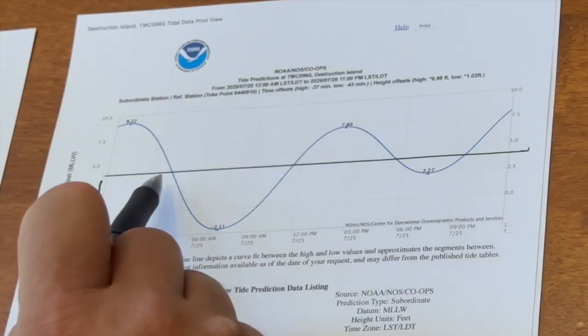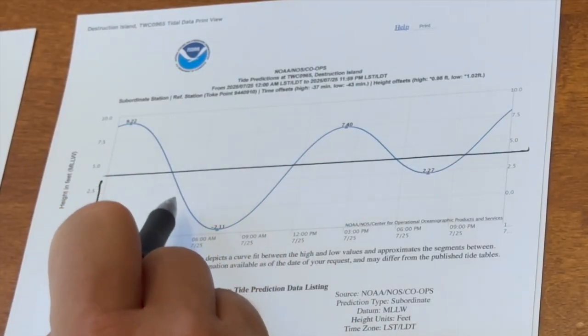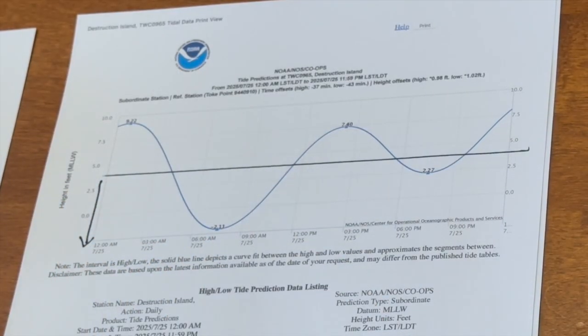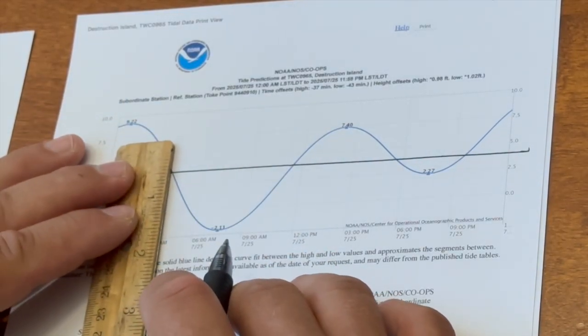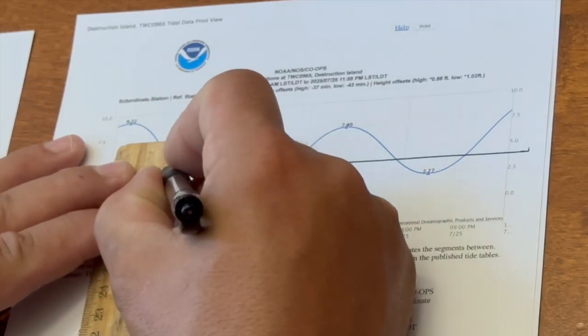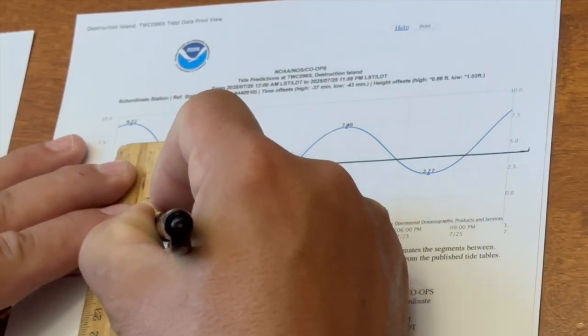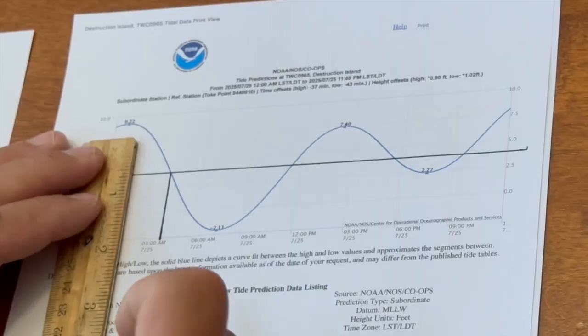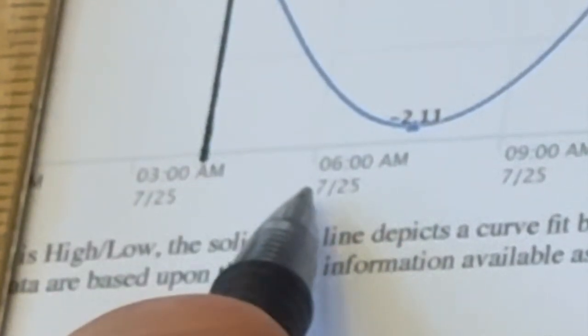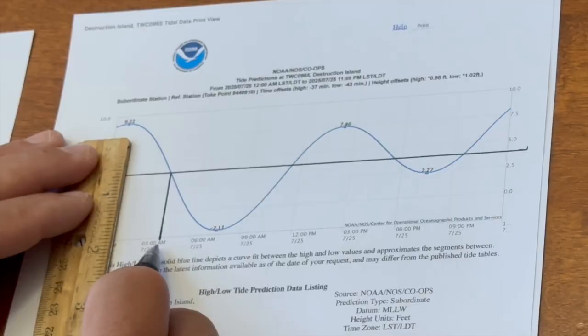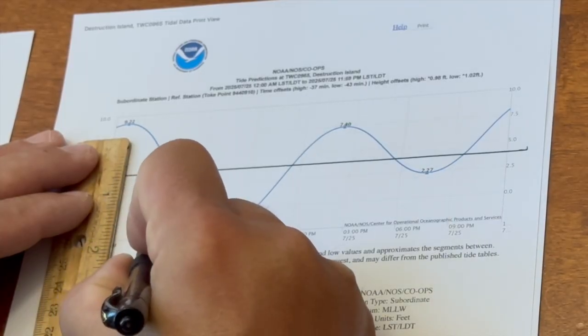So I can see here that there'll be a low tide happening in the morning, and I'm simply going to draw a vertical line from where that 4 foot mark happens and see what time it is. So this mark here reflects 3 a.m. This mark here reflects 6 a.m. That looks to me about an hour later.